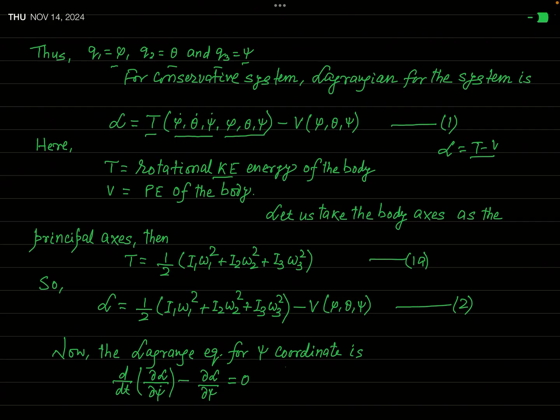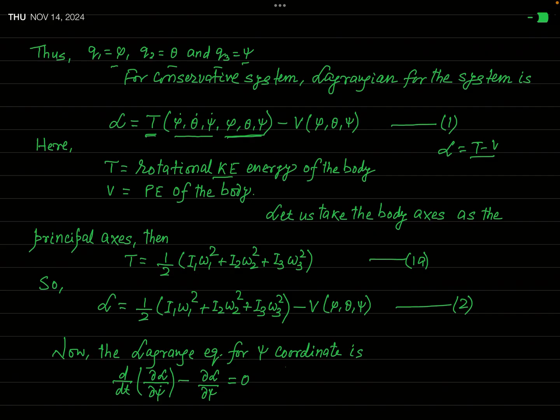Some students get confused about how we can say that the Lagrangian is only a function of phi, theta and psi. When you say generalized coordinates, that means independent coordinates. Actually, phi dot, theta dot and psi dot are not independent variables; they ultimately depend on phi, theta and psi.